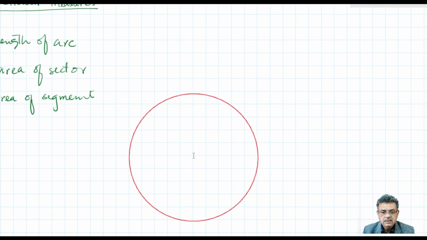If this is the center of the circle here, taking any 2 points on the circumference, like this point and another point here, if we draw a straight line joining these 2 points, what is that called?